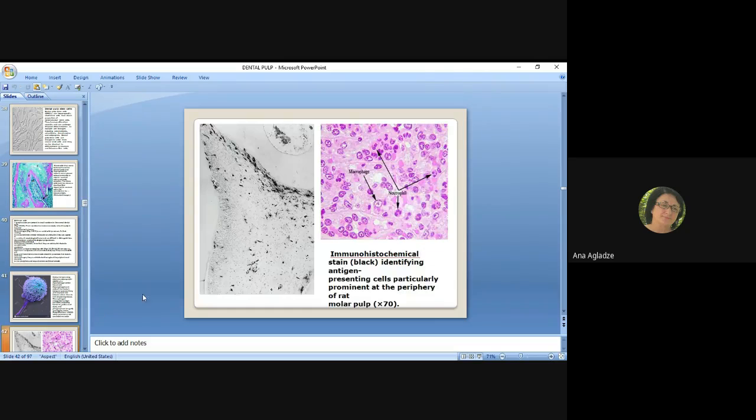And here you can see the macrophages. These are large cells. This is a special staining of macrophages.